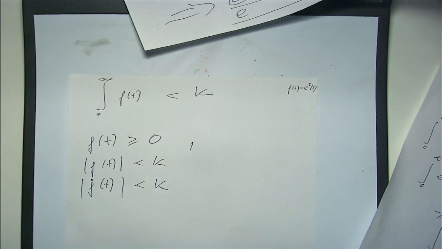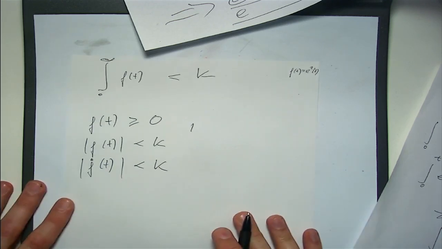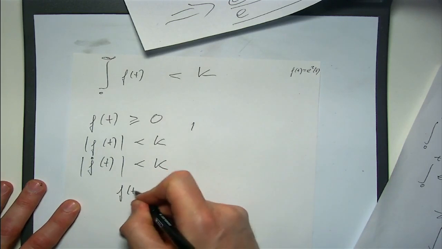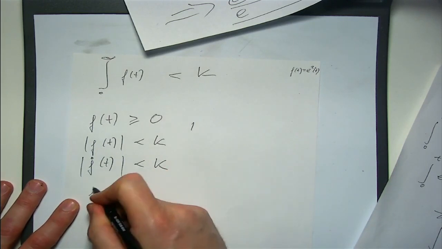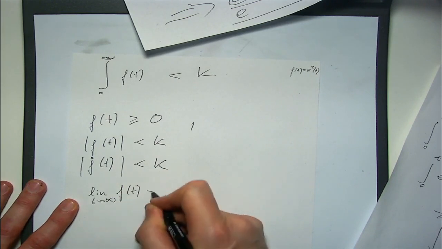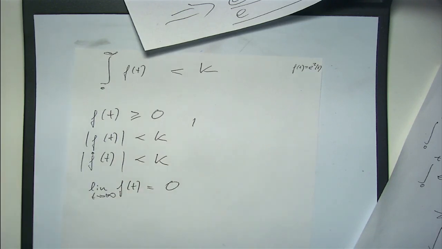So, have you ever heard of a proof by contradiction? Ever heard of that? Yeah. So effectively, we need to prove that the limit of f of t as t towards infinity equals 0, right?